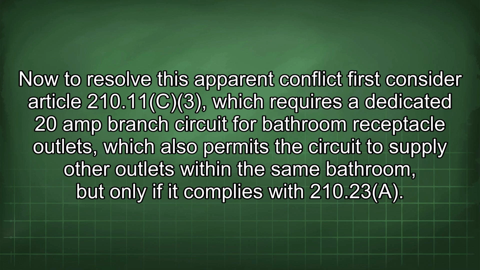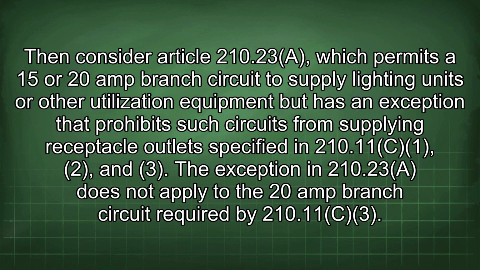210.11(C)(3), which requires a dedicated 20-amp branch circuit for bathroom receptacle outlets, which also permits the circuit to supply other outlets within the same bathroom, but only if it complies with 210.23(A). Then consider Article 210.23(A), which permits a 15- or 20-amp branch circuit to supply lighting units or other utilization equipment, but has an exception that prohibits such circuits from supplying receptacle outlets specified in 210.11(C)(2) and (3).